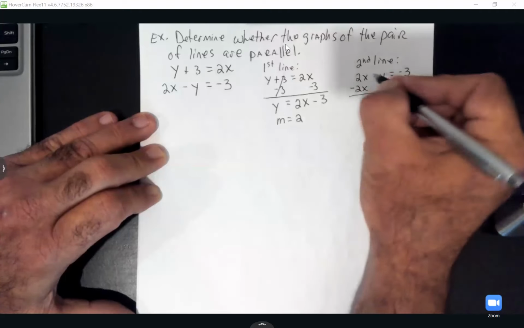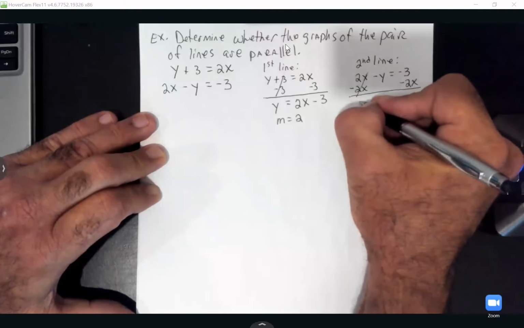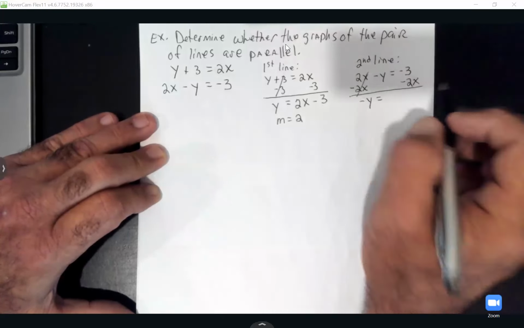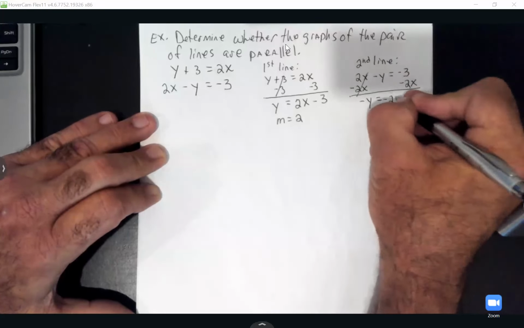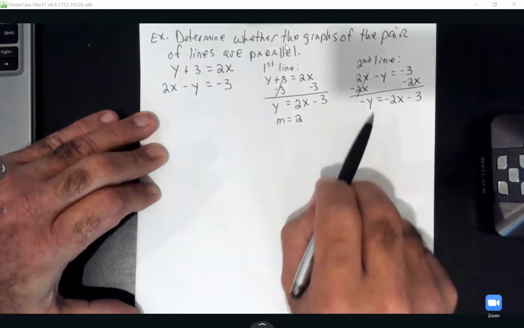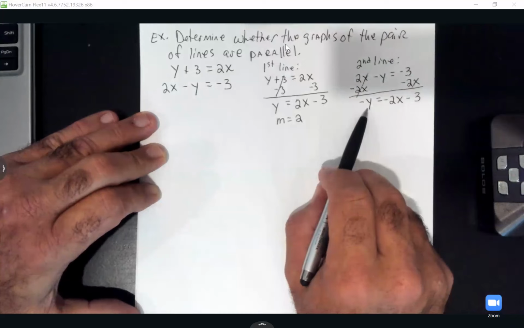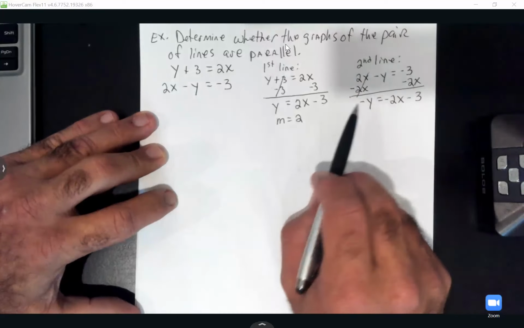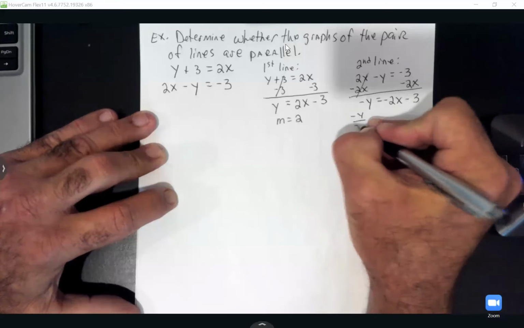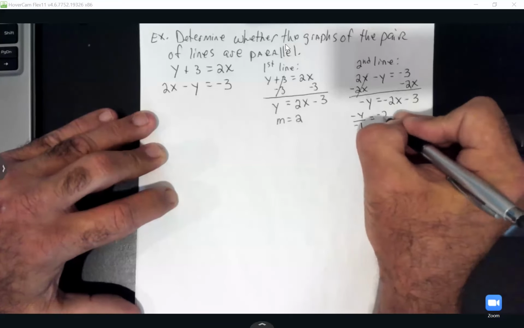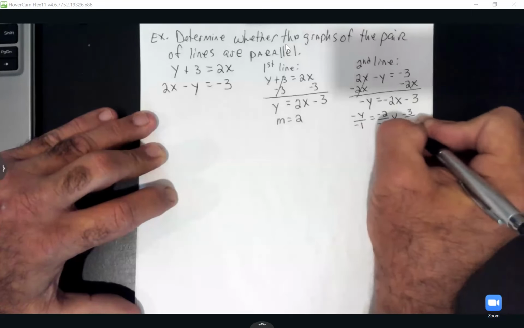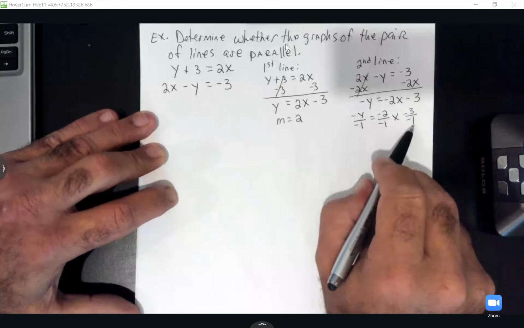And y'all, I'm just going to cancel these two x's out. So that brings down that -y. I'm going to put my x first and then my number. So I'm going to have -2x minus 3. But remember, we need to make this y positive. So divide all three of these by a -1. So divide the y by the -1, the -2 by the -1, and then that -3 at the end by the -1.